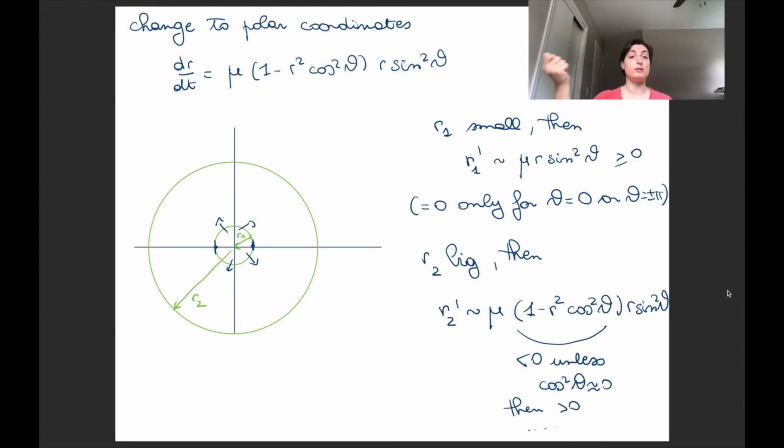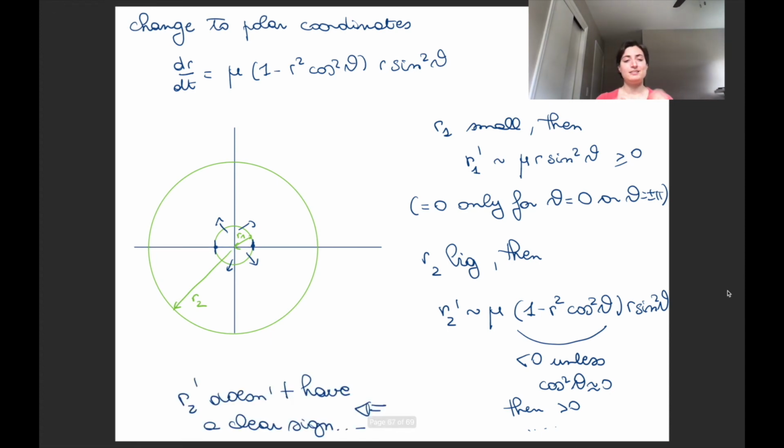Because R2 is very big, usually 1 minus R2 squared cos squared theta will be negative. But when cos theta is very small, or even 0, the fact that it's multiplied by something very big doesn't matter. So our block 1 minus r squared cos squared theta is negative unless cos squared theta is almost 0. Then that block is going to be positive again. That means that R2 prime doesn't have a clear sign as we would like it to have. There are 2 areas in our phase plane in which we can't guarantee that things come in. Actually, we can guarantee that things go out.